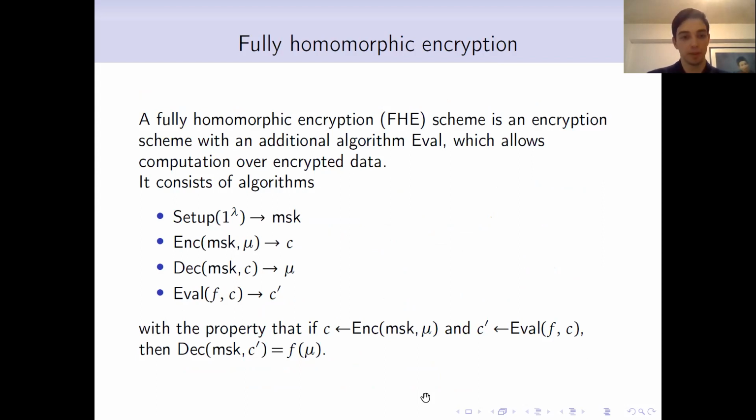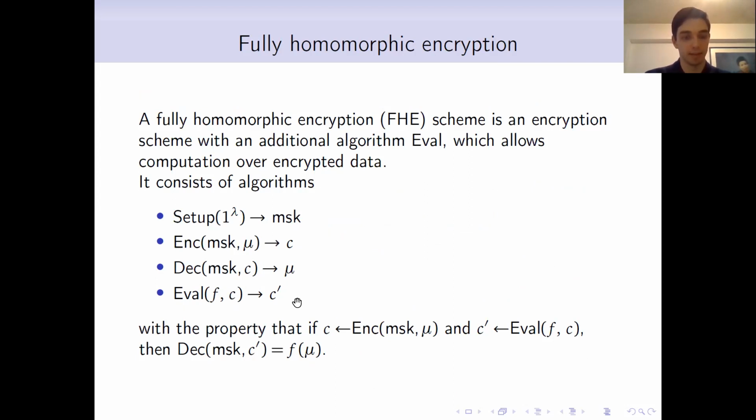Before we talk about the last construction, I'm just going to introduce the notion of fully homomorphic encryption, which is an encryption scheme with an additional algorithm for evaluation, which allows computation over encrypted data. It consists of 4 algorithms, where the first 3, for setup, encryption, and decryption, are just a basic symmetric key encryption scheme.